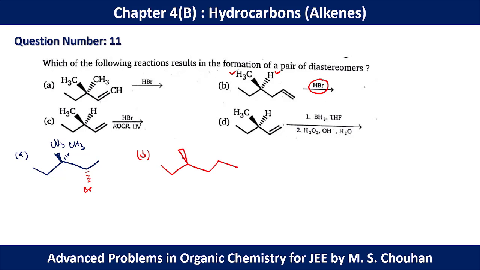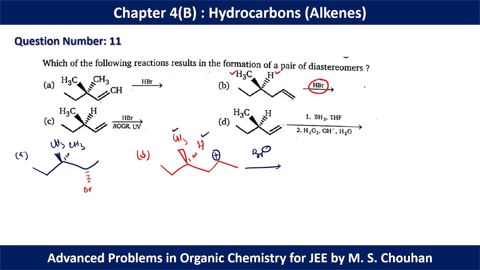We have CH3 above the plane and hydrogen below the plane. Now we can have a positive charge over here. If Br minus approaches above the plane, it will be seen on methyl, but if it approaches the carbocation from below the plane, it will be seen on hydrogen.